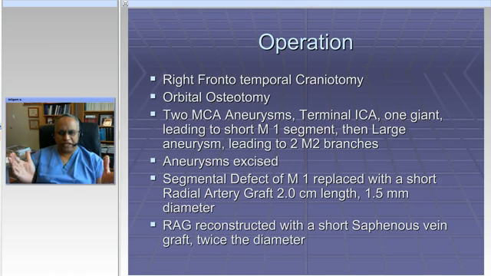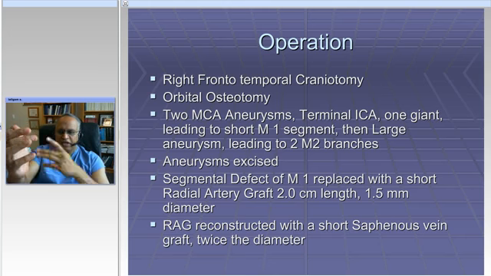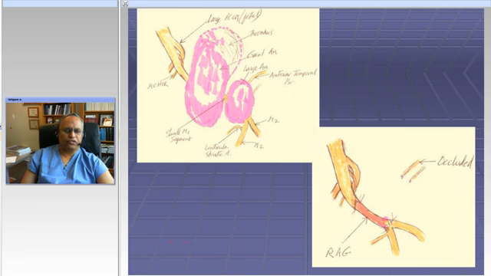But I was able to resect the aneurysm, and I was able to do a short interposition graft using radial artery. And since the radial artery was removed, I took a piece of saphenous vein and reconstructed the radial artery so that she will have a radial artery as well for the future.